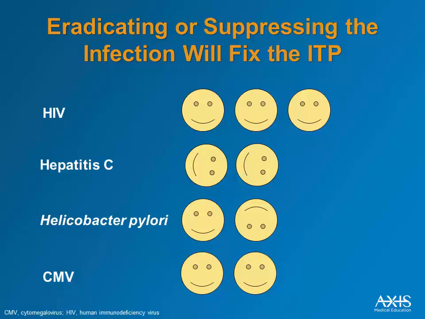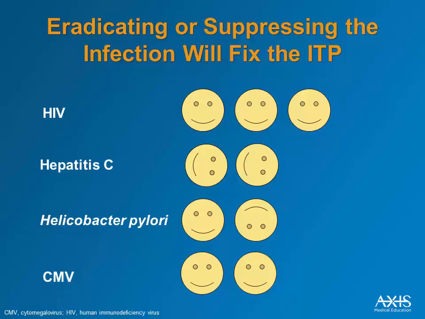Helicobacter pylori is even more confusing because if one has Helicobacter pylori and thrombocytopenia, especially in Japan or Italy, treatment and eradication of it will usually lead to an increase in the platelet count, which is not true in general in the United States, although there may be certain small populations, especially of immigrants, where that may be true.